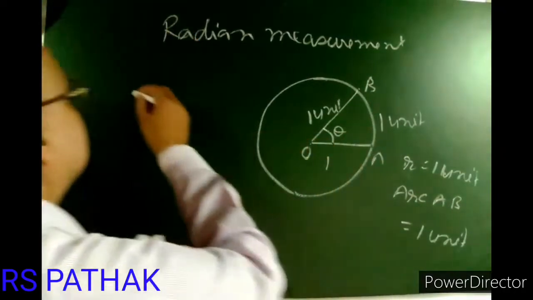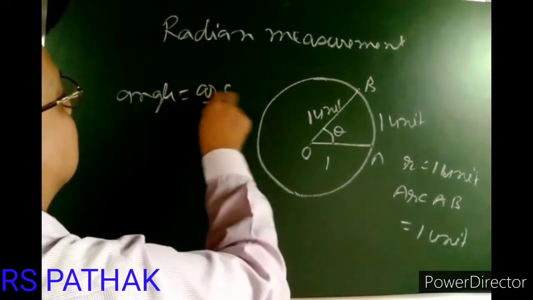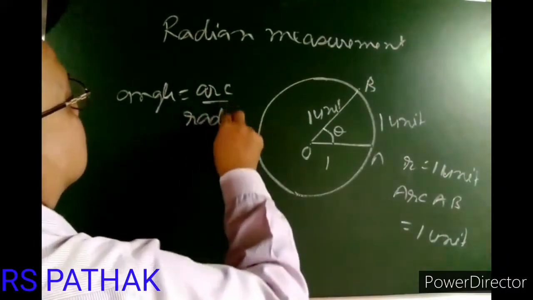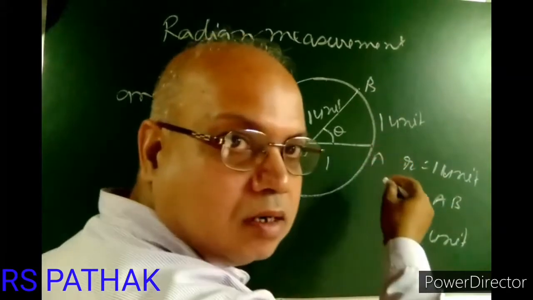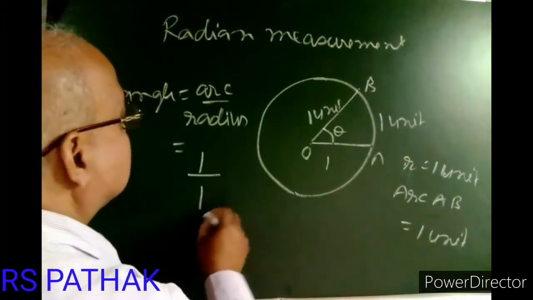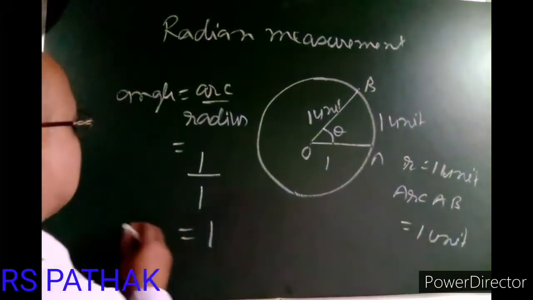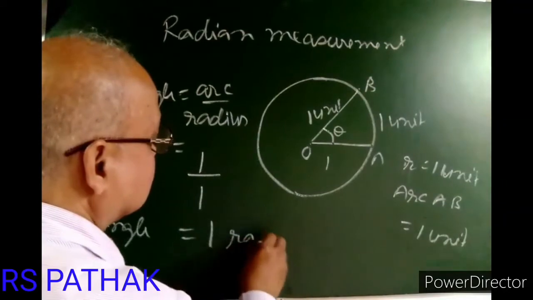Then angle will be equal to arc upon radius. Arc is 1 unit, radius is 1 unit, then the angle will be 1 radian.